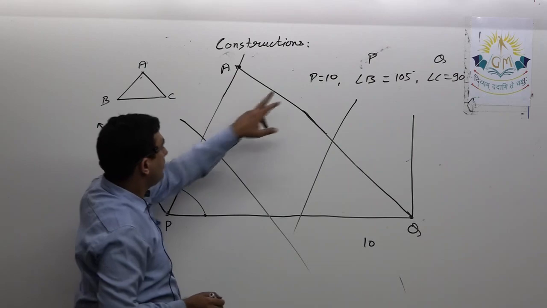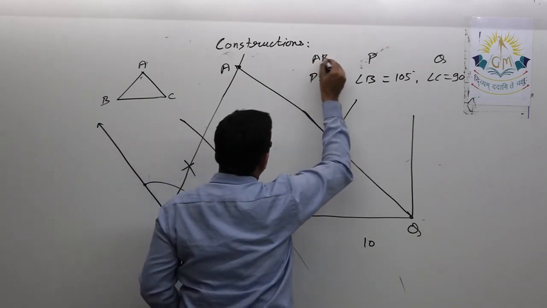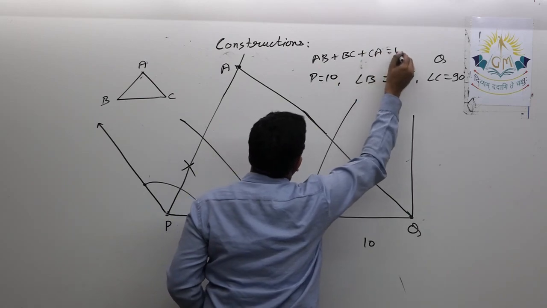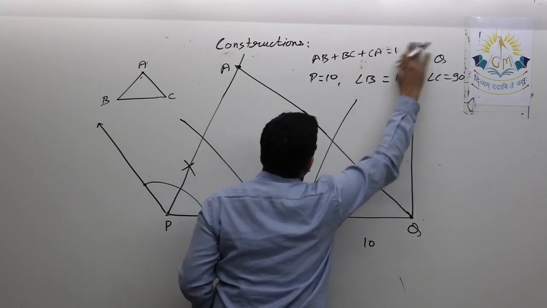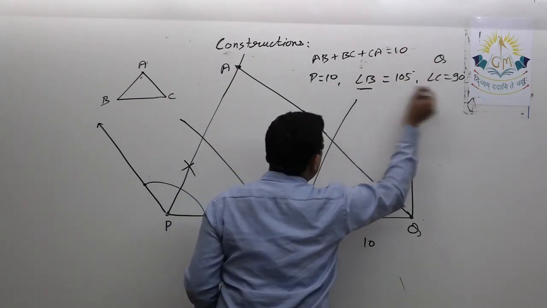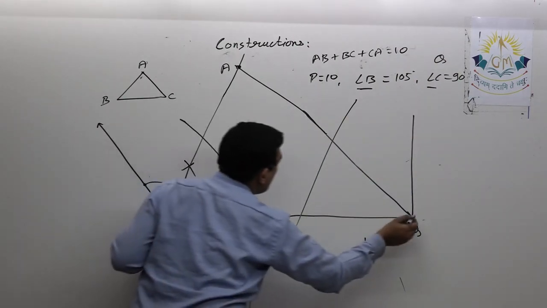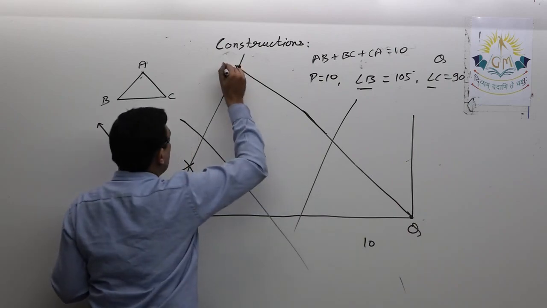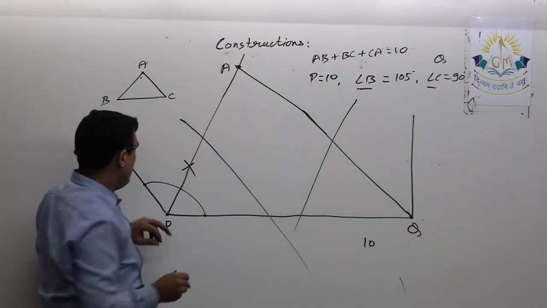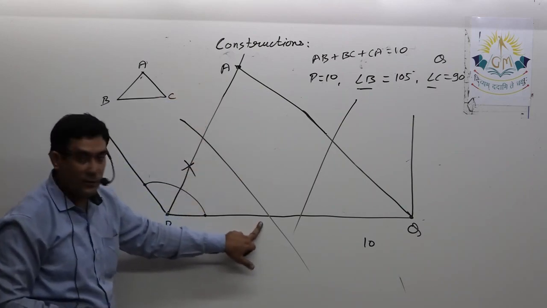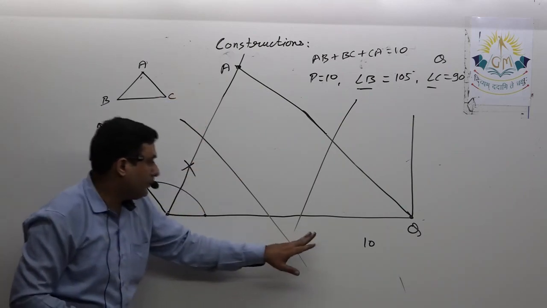See, when I took AB plus BC plus CA is equal to 10 centimeter, and this B and this C, actually I took angle B equal to angle P and angle C equal to angle Q. So this point I will give as A. Now when I draw the perpendicular bisector of PA, definitely it will meet the base PQ.